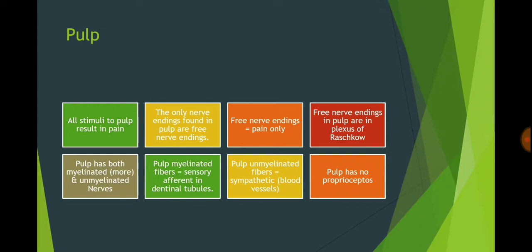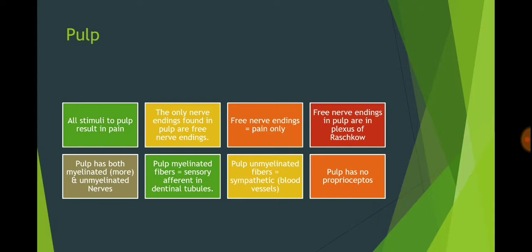Okay, points on the pulp. So the high-yield points on the pulp: you have to know that all the stimuli to the pulp result in pain. Doesn't matter. If you bite your tooth or you occlude your teeth too much, it feels pain. You put pressure on the pulp, it feels pain. You put hot or cold, it's pain.